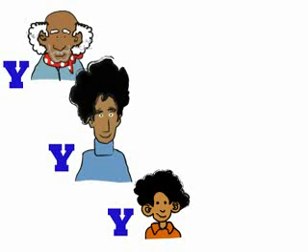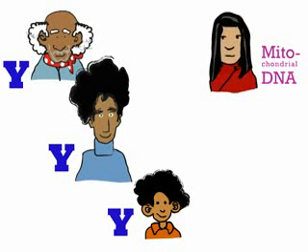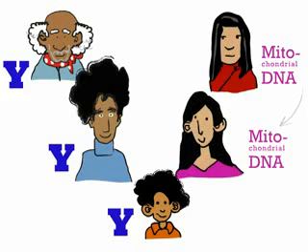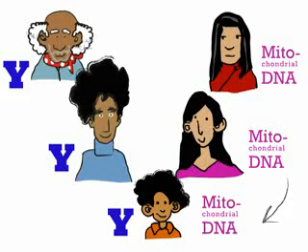Likewise, in humans, DNA in the mitochondria is passed on only from mother to child. For this reason, ancestry along your father's line or your mother's line is easier to trace using the Y chromosome or mitochondrial DNA.